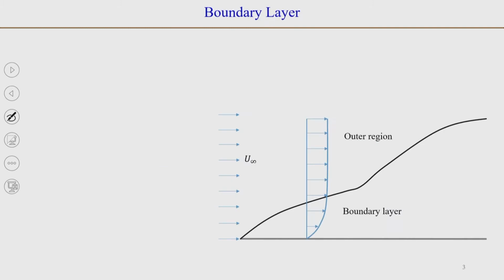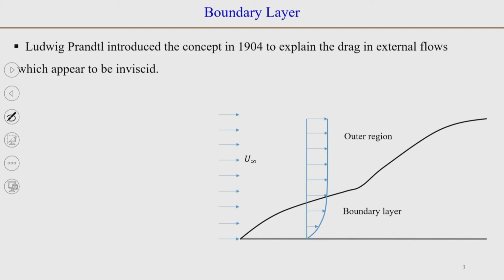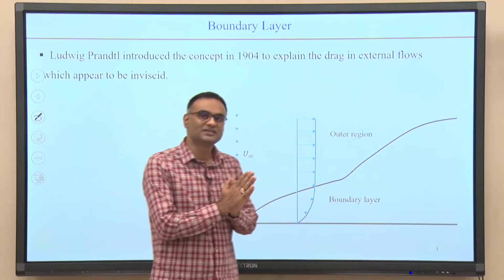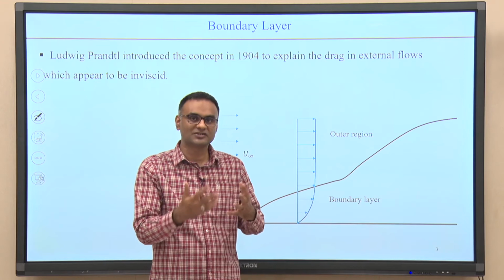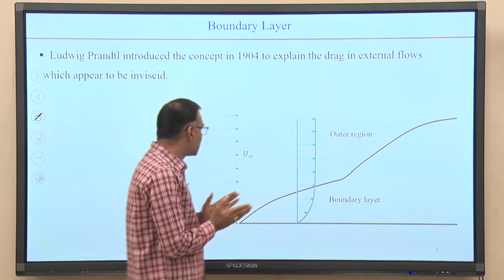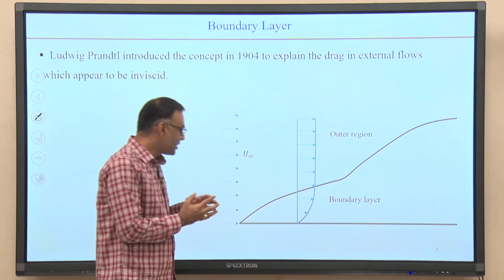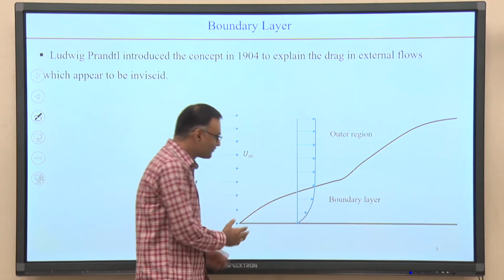We have earlier seen in the introductory lectures what a boundary layer is. Prandtl suggested that even for inviscid flows, or flows that seem to be inviscid because the Reynolds number is very high, there is an effect of viscous forces near the wall.